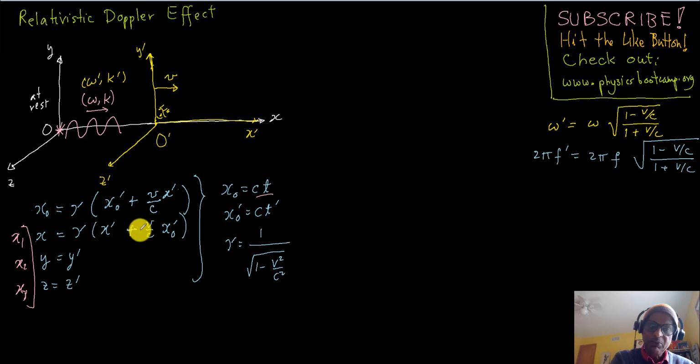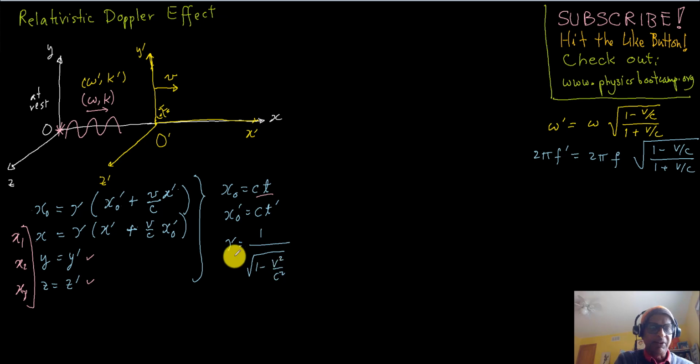But we're going to only look at the motion along the x-axis, so we don't need to worry about converting all the way there. And gamma is the constant that will result from this v over c.